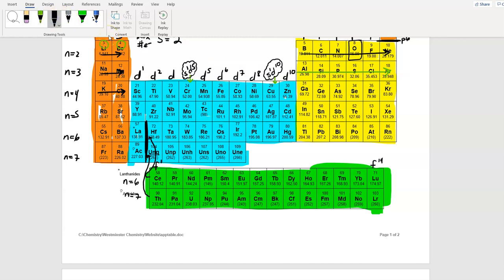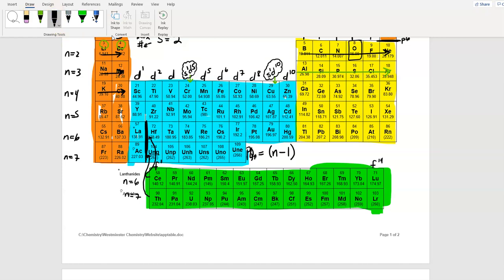With the D block, what you have to do for the principal quantum number, the N number, is you take the principal quantum number minus 1. And what I mean by this, N equals 1, let me change that instead. Call it principal quantum number.